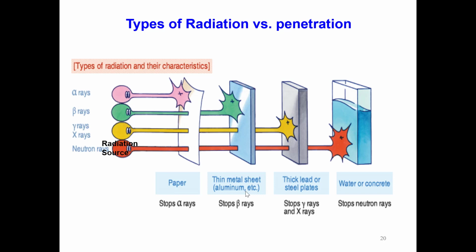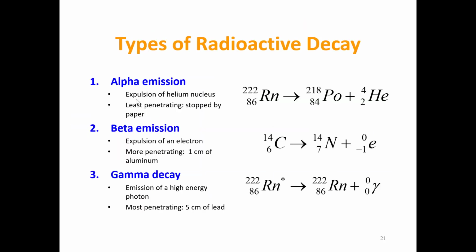For neutron rays, water or concrete is needed. We can see the energy of these rays increase from top to bottom, and most of these rays are dangerous for us.